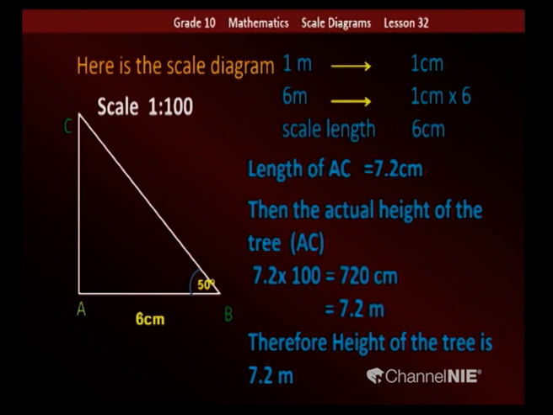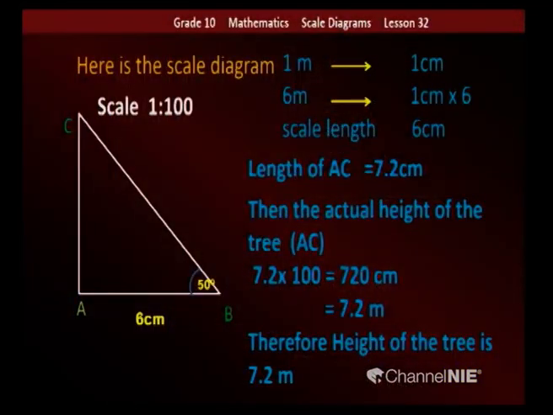Using the protractor, keeping the protractor at the point B, I am measuring the angle 50 degrees and I will draw the line CB. Where is the C? We have to draw the vertical line at the point A. The vertical line at the point A. Now, the triangle ABC is completed.